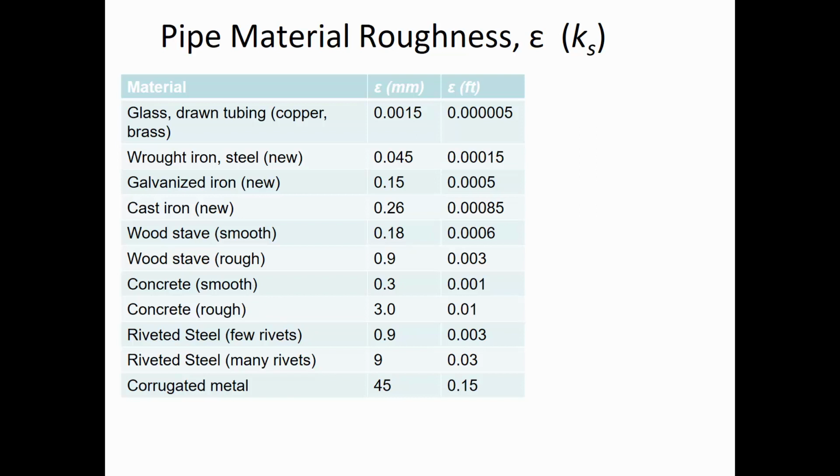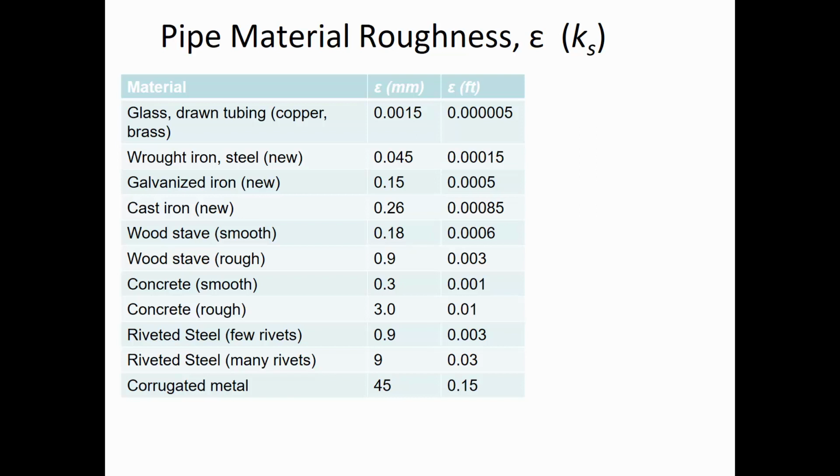This table relates the roughness of pipe in terms of an equivalent sand diameter. The idea is that each of these may have irregularities in the surface, but if you were going to represent how rough that surface is in terms of spheres, what would be the diameter of those spherical grains.